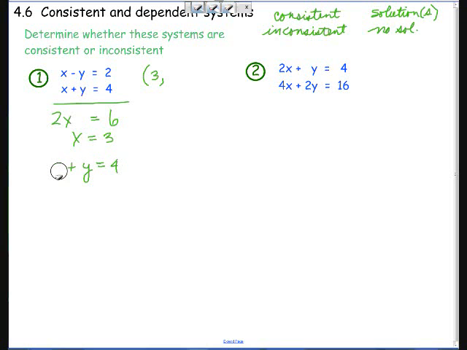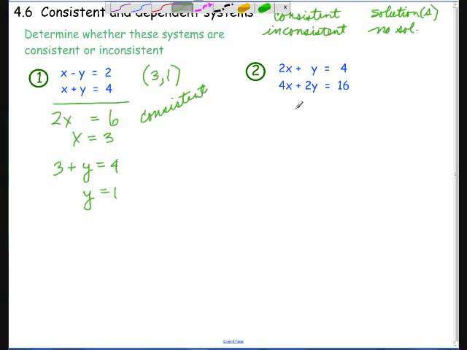So instead of writing my x, I'll write 3. So y must be 1. Well, I found a solution. So what does that tell me about this? This is consistent. There is a solution.